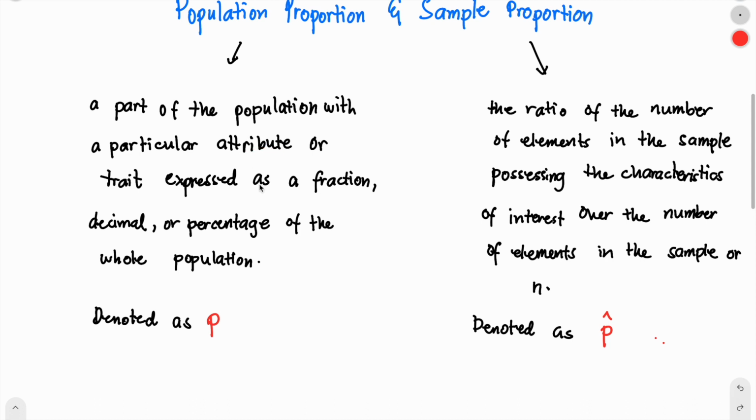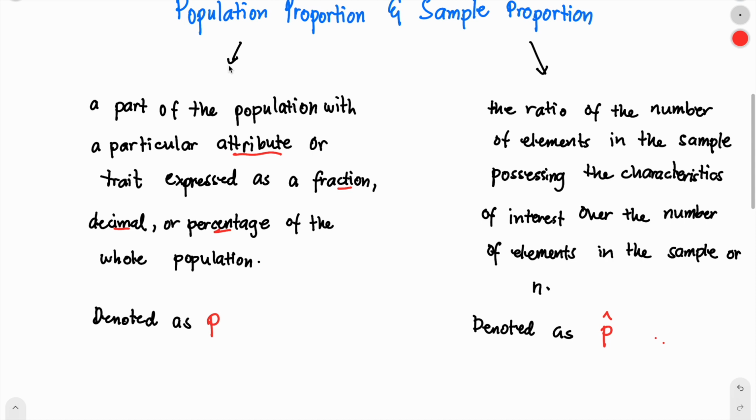In Bisaya, mora siya og unsay naka unique sa iyaha or unsa siya about, or in other words, a particular characteristic or trait expressed as a fraction, decimal, or percentage of the whole population. It is denoted by P. So, that is the population proportion.